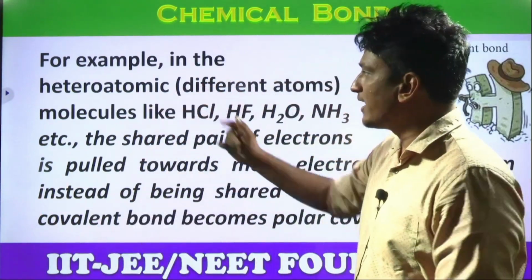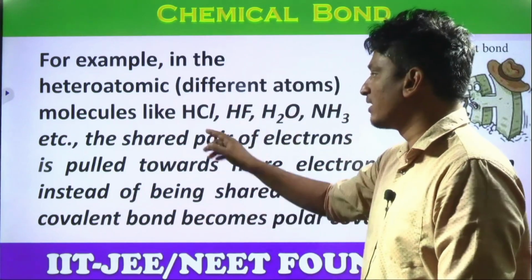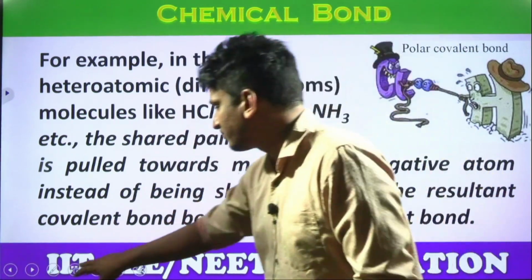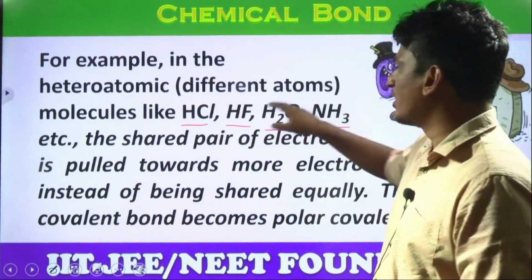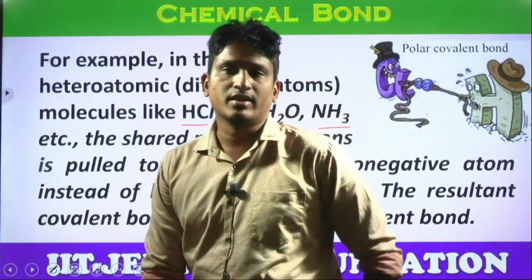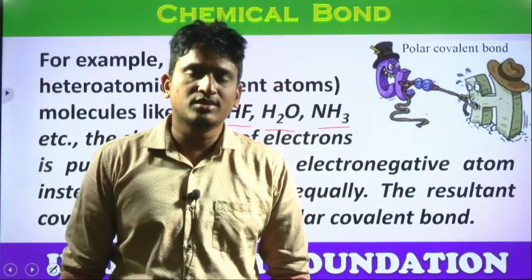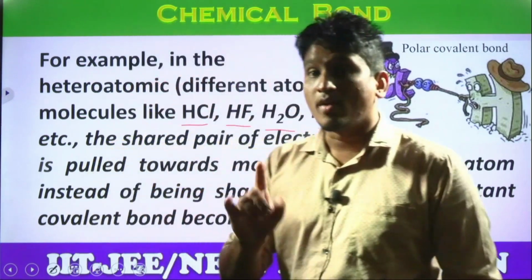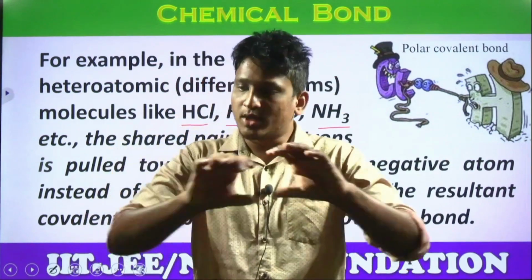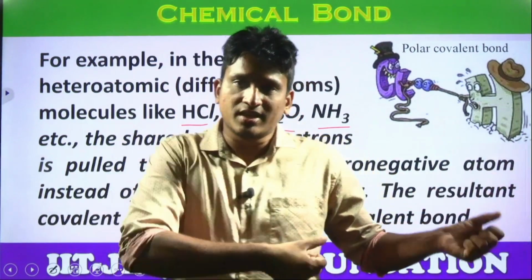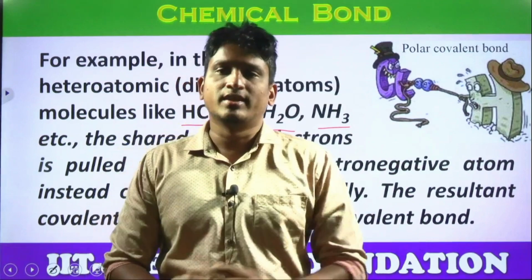So for example, in heteroatomic molecules, that means different atoms, look at these molecules: HCl, HF, H2O, NH3. All these are covalent molecules only, but are they the same elements, students? No, different elements, right? Now what happens if there are different elements? I'll give the same example. There is a rope where two groups are constantly pulling the rope on their side.